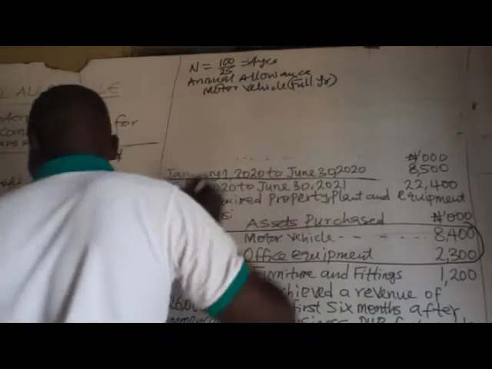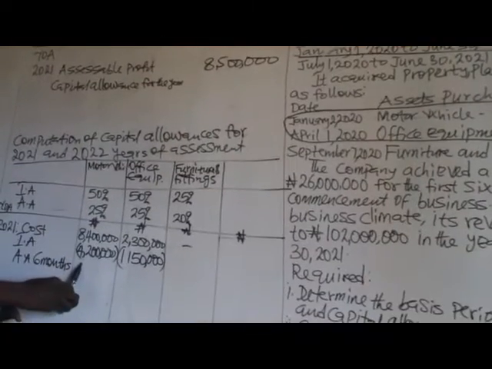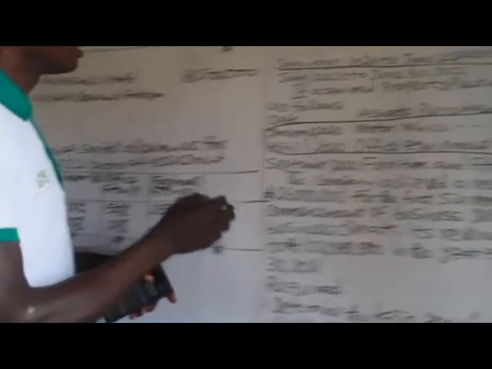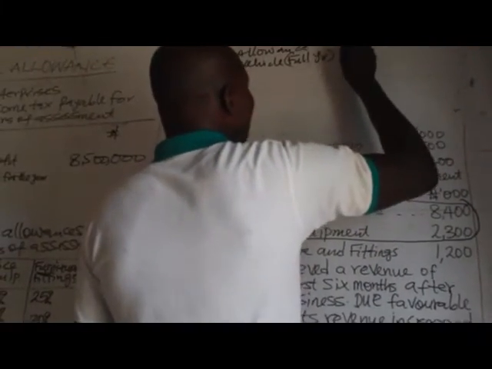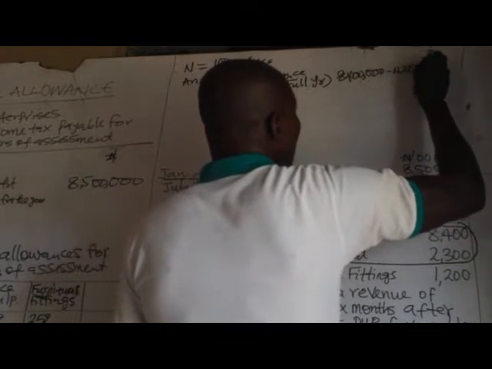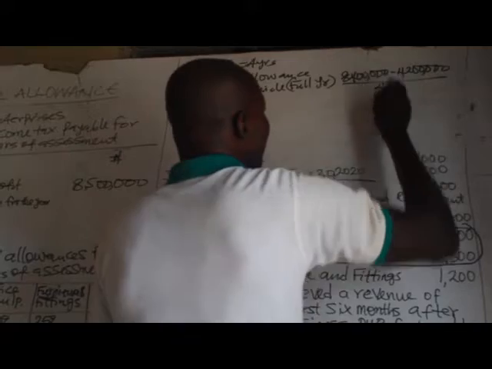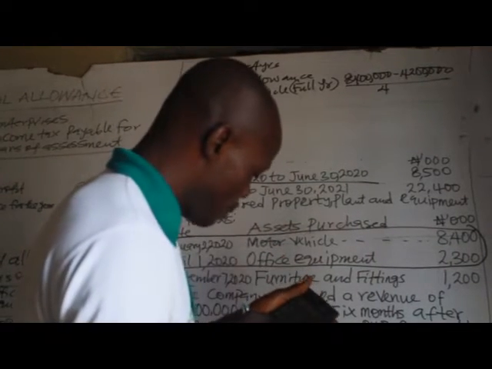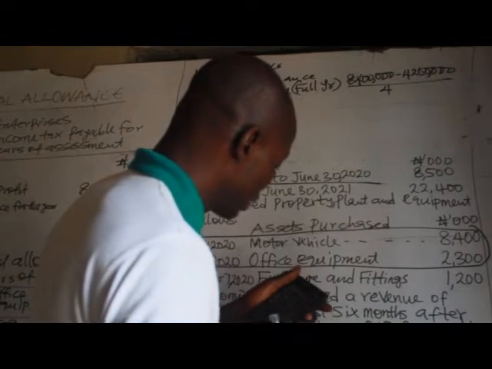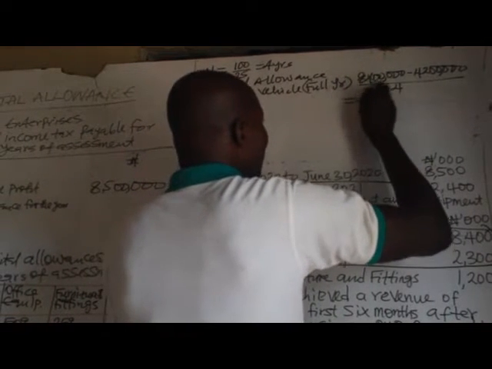The cost of motor vehicle is 8.4 million and the initial allowance is 4.2 million. So we have 8.4 million minus 4.2 million, divided by the life of 4 years. Therefore, annual allowance on motor vehicle for a full year is 1,050,000.